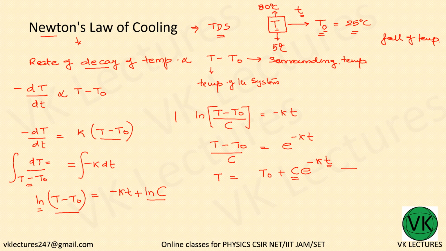This is because this is an indefinite integral, that is why we do not have the value of c. For example, if you write at t equal to 0, we cannot write this because we don't have data.